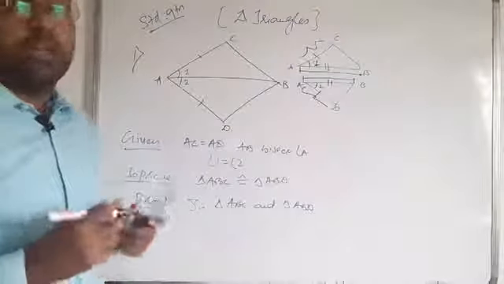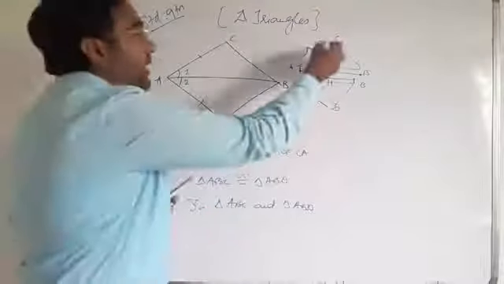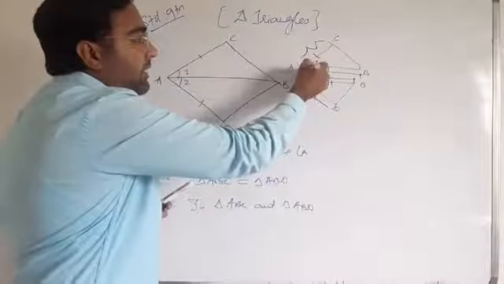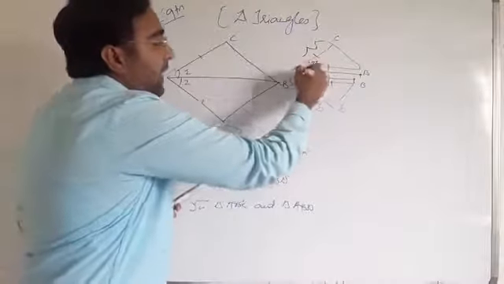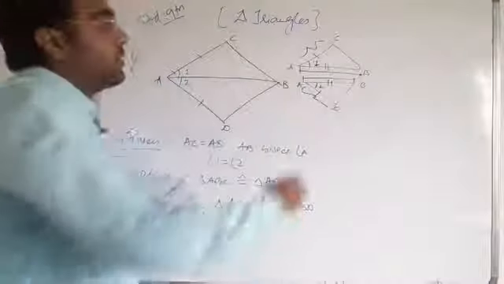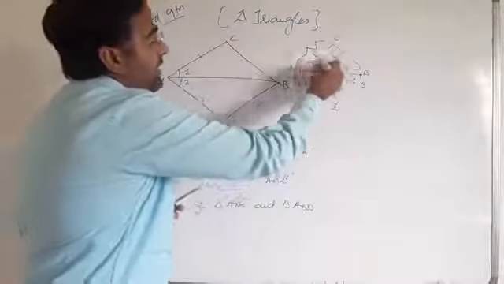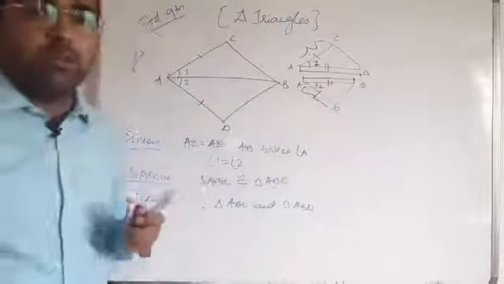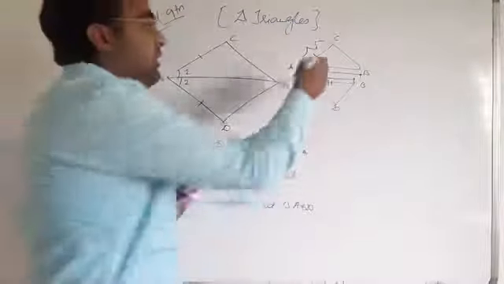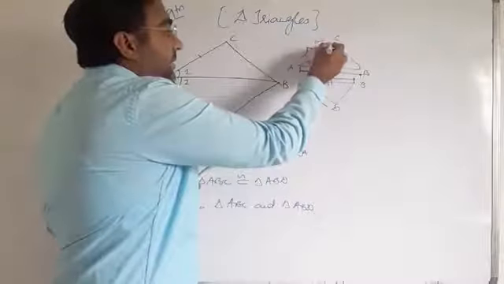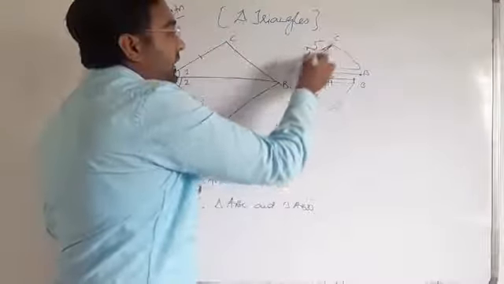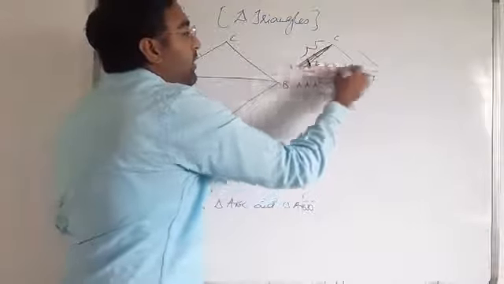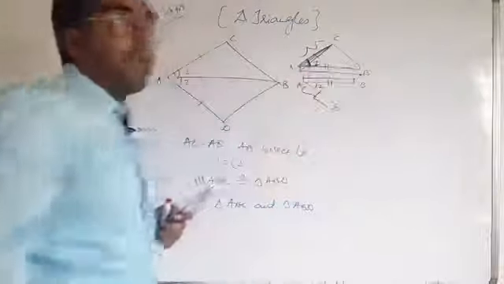So here we see AC, that is a side, angle 1, that is an angle, and AB, that is a side. So side angle side. Here we have to see the congruency type: AC is a side, then the angle, and AB is a side.